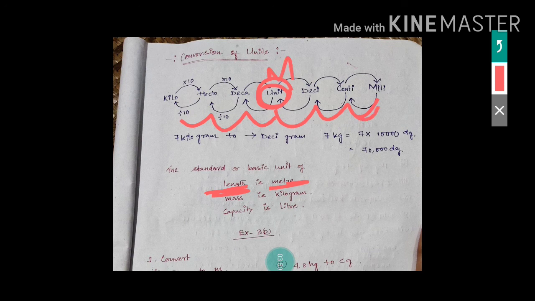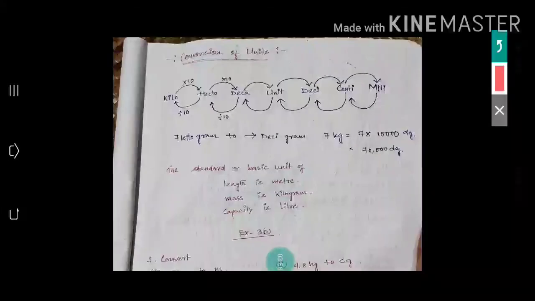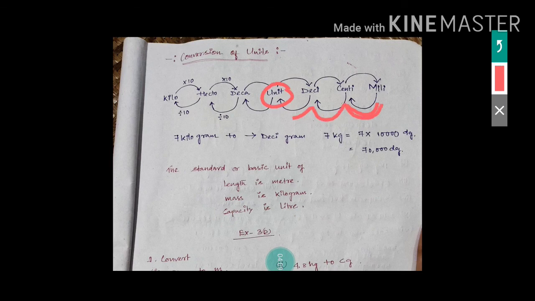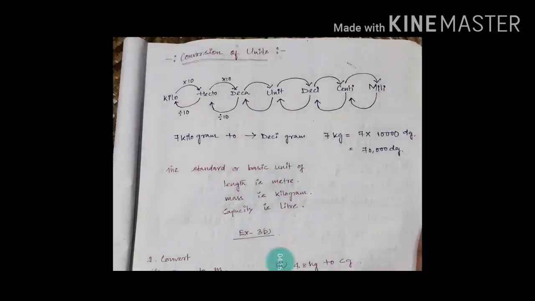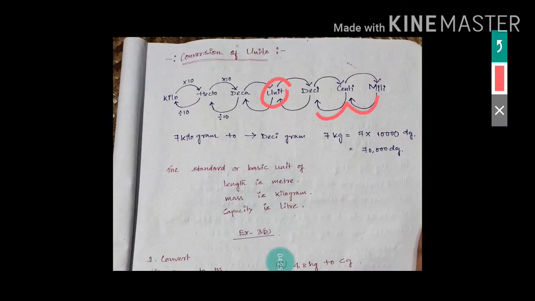That means millimeter, centimeter, decimeter, meter, decameter, hectometer, kilometer. And suppose you are counting the mass, then your unit will be gram: milligram, centigram, decigram, gram, decagram, hectogram, kilogram.